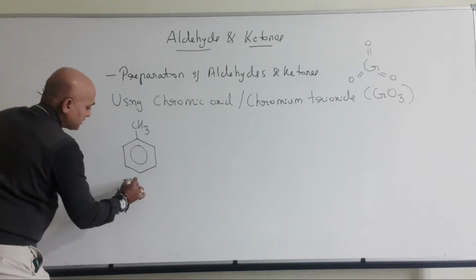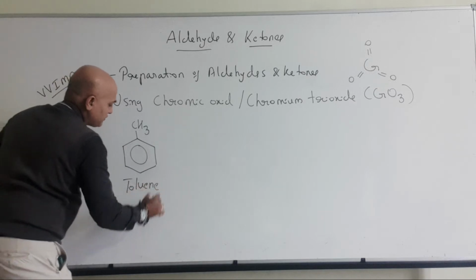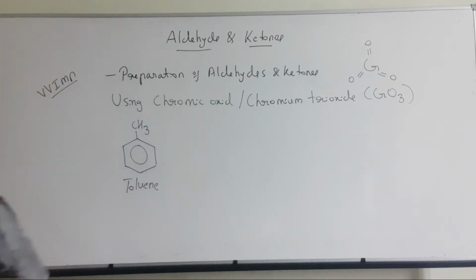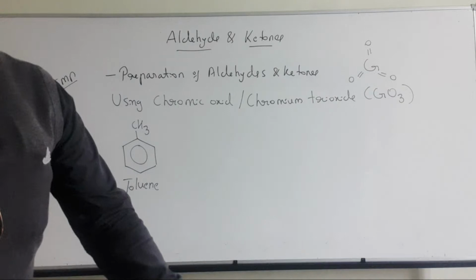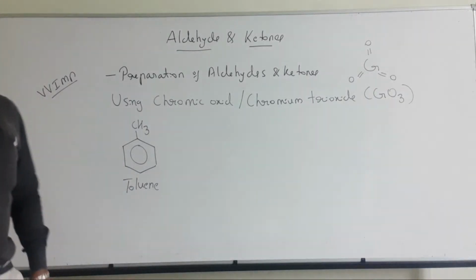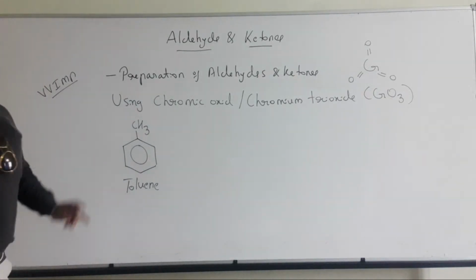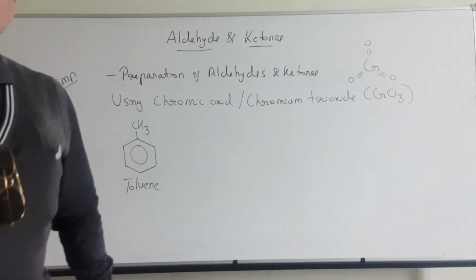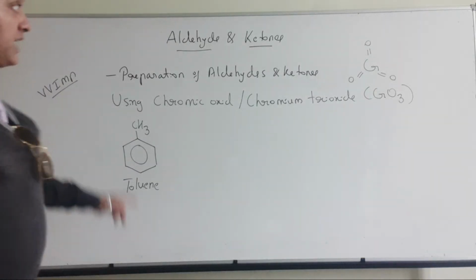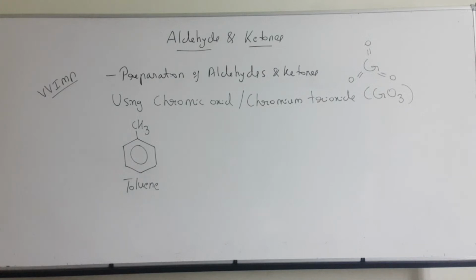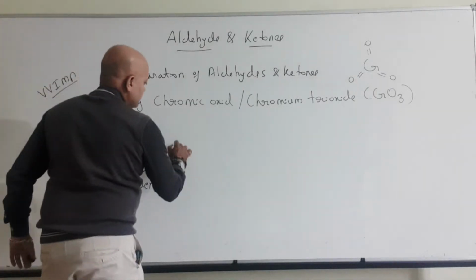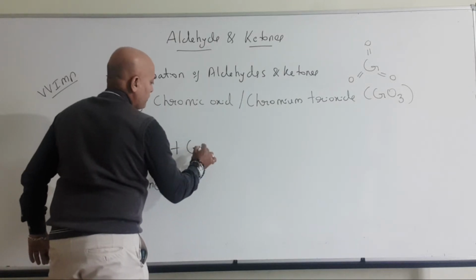That's what I told. When it comes to conversion of toluene to benzaldehyde, we have many methods. Not only Etard reaction. So for Etard reaction, you have to mention chromyl chloride. Okay. So in this case, we have the toluene in the presence of chromium trioxide or chromic oxide.